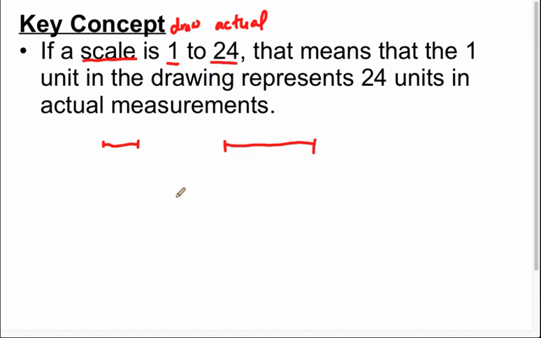Let's think of a common measurement conversion that we use. We know that 1 foot equals 12 inches. We know that 2 feet represent 24 inches.